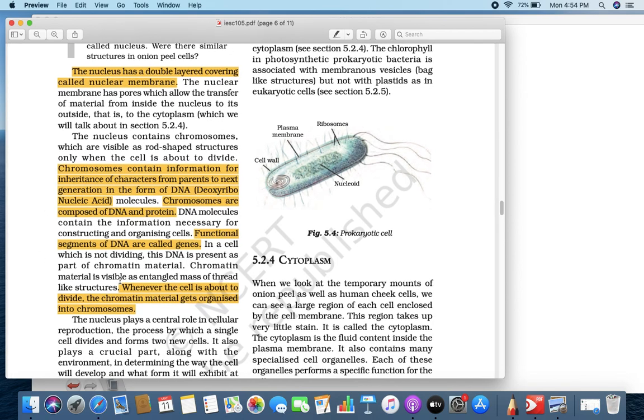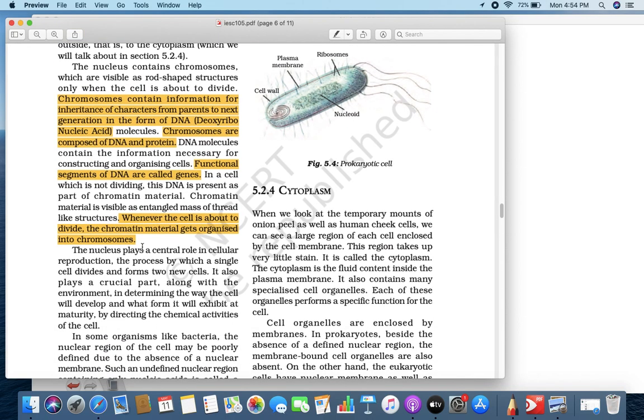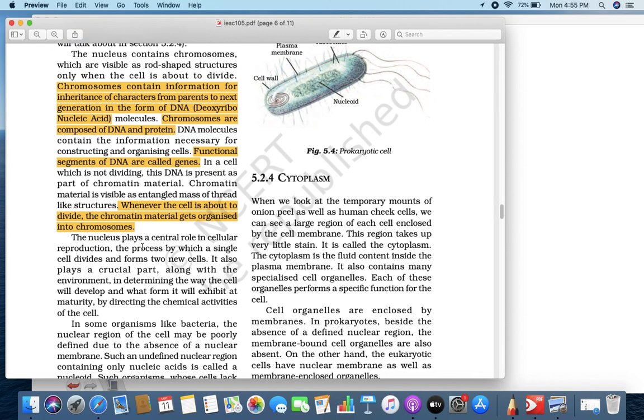Again, DNA has functional segments called genes. As I told you, chromatin is like a hair-like structure spread all over the nucleus, which gets organized into chromosomes. Now, what more role does a nucleus play? The nucleus plays a central role in cellular reproduction.